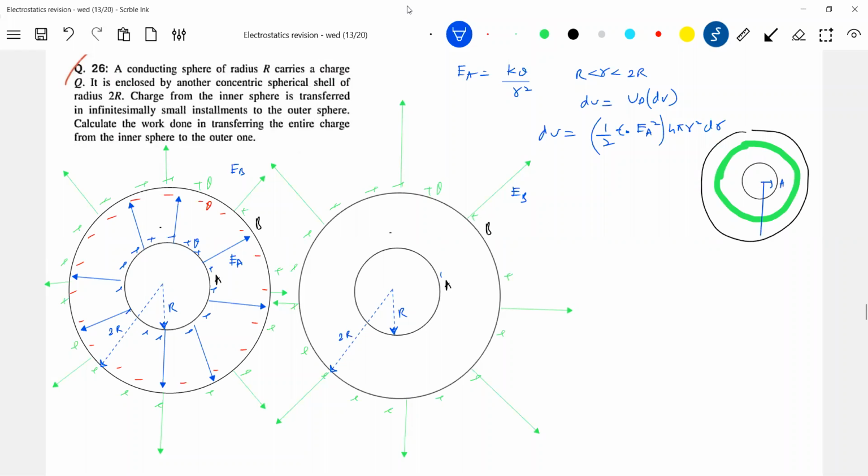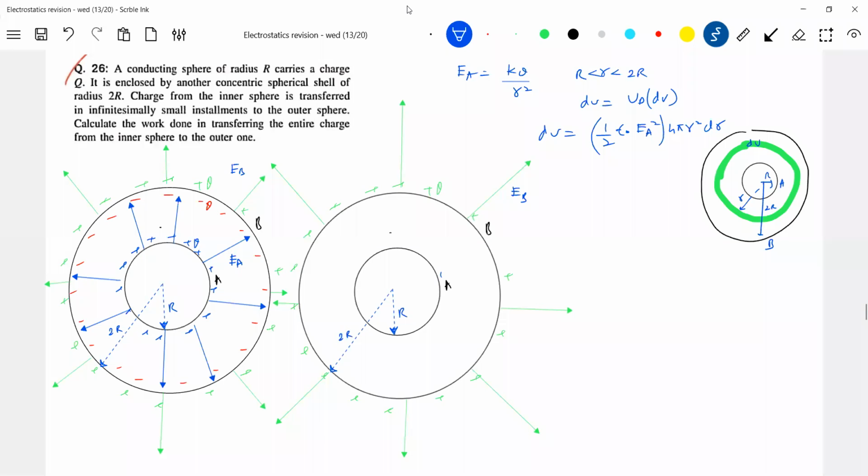This is shell A, shell B, this radius is R, this radius is 2R. So the amount of energy present in this be dU. This you substitute and integrate from R to 2R. Then you get that energy.